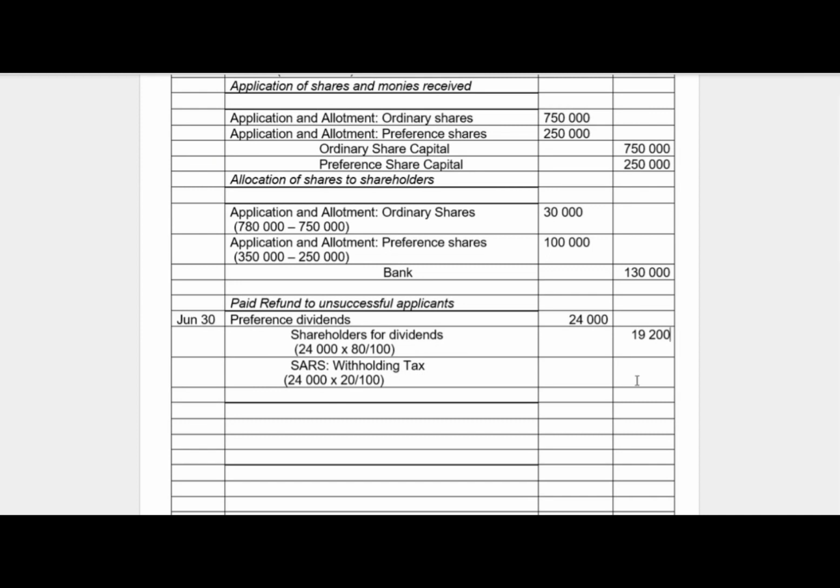And then 20% for SARS withholding tax is going to be 24,000 multiplied by 20 divided by 100. I'm getting 4,800. All right. And then we are done with the recordings.